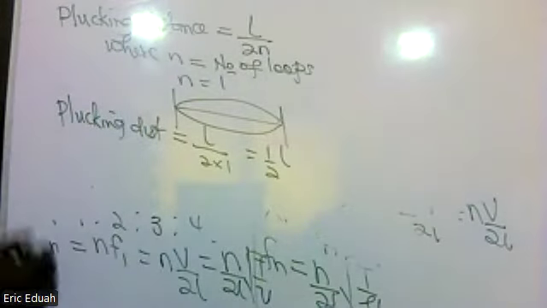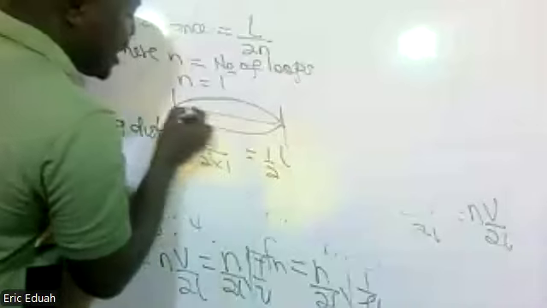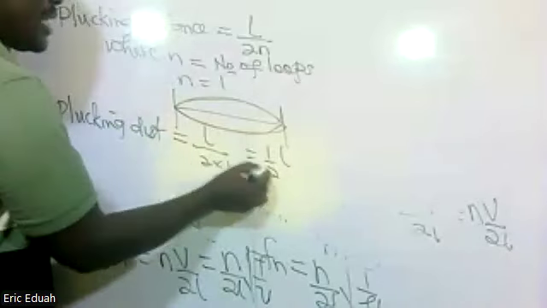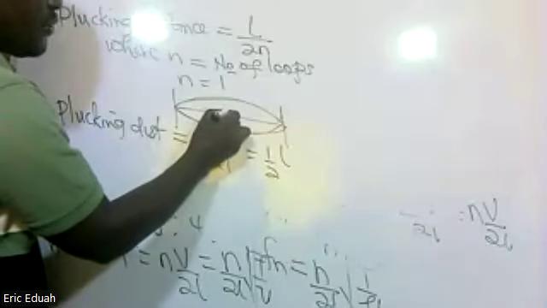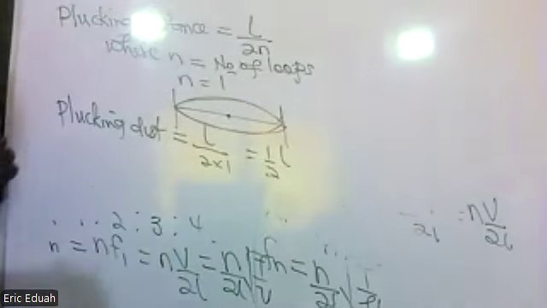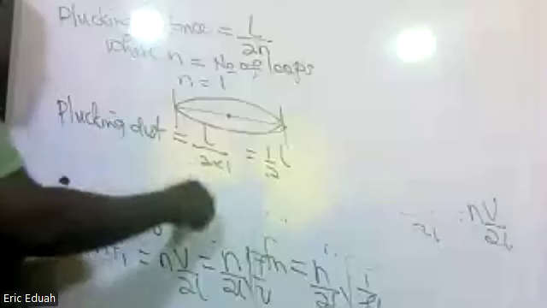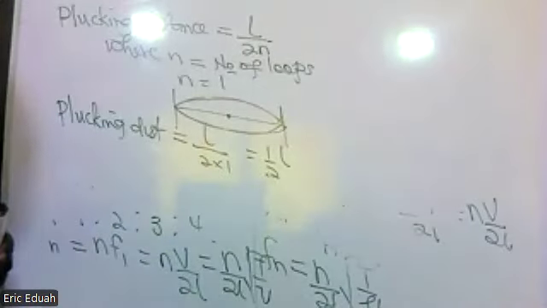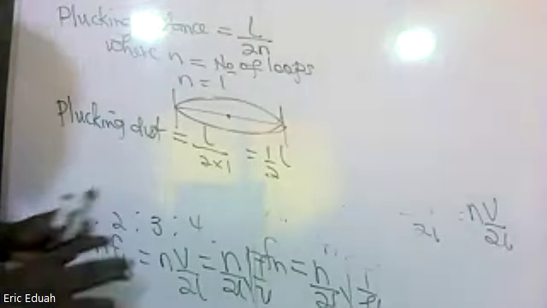What it means is that to give this node or stationary wave or loop, we must block the string at the midpoint of it, half the length. So you hold it and then plug it at this distance and you have this node.